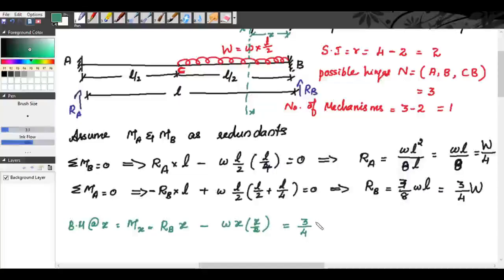So 3 by 4 W into X minus W x square by 2.